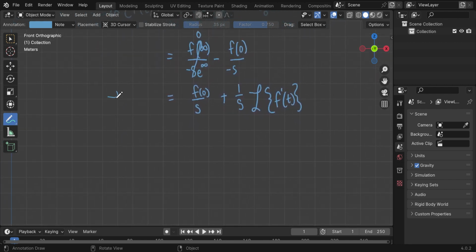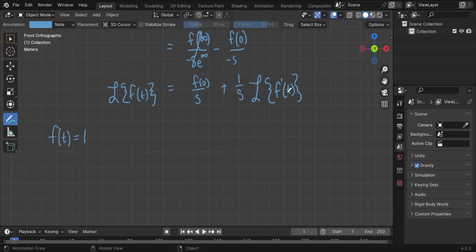So for an example, let's say that our f of t is equal to 1. We just plug that in right here. That just means L of 1 is equal to f0 over s.